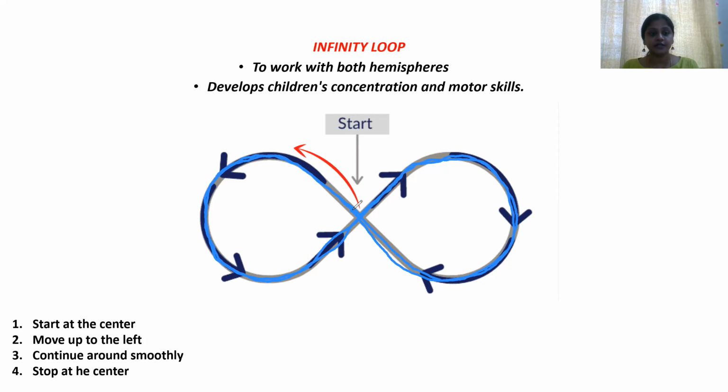So start at the center, move up to the left, continue around smoothly, and stop at the center. There should be a little pause at the center. Again, your child will start doing it for the next time. So this is what the infinity loop is all about. Hope you practice it every day and make the maximum outcome of it.